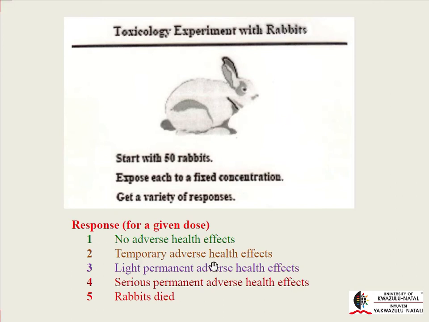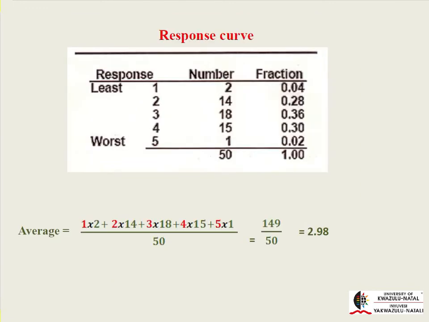Some might have temporary health effects. Some might have light but permanent adverse health effects. Some might have serious permanent health effects. And some members of that population would die.